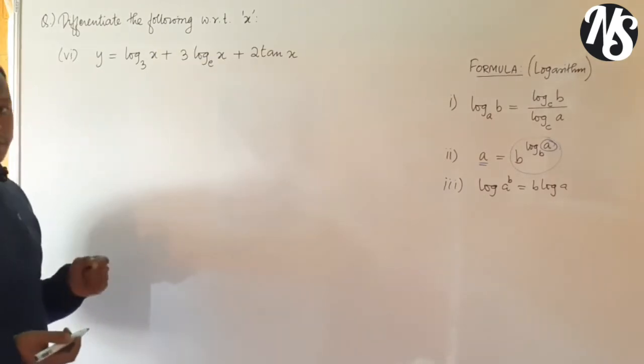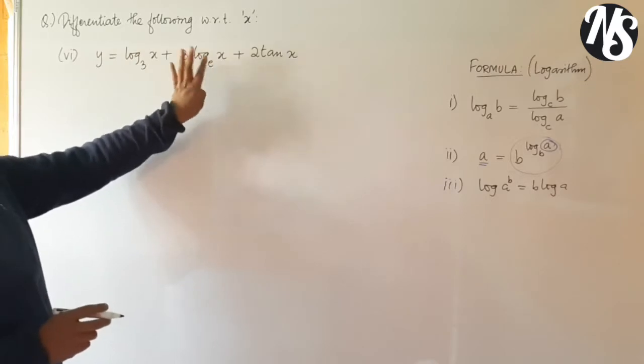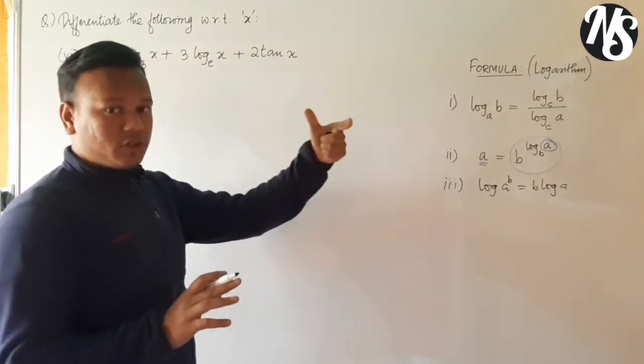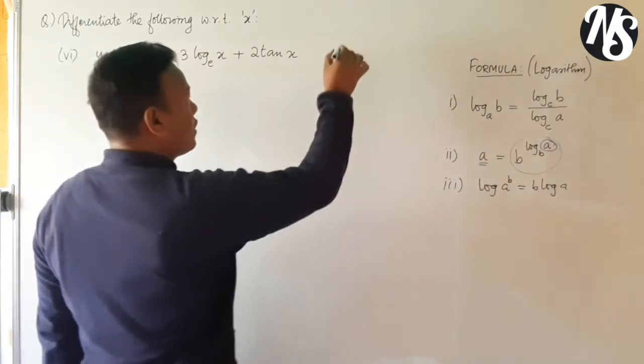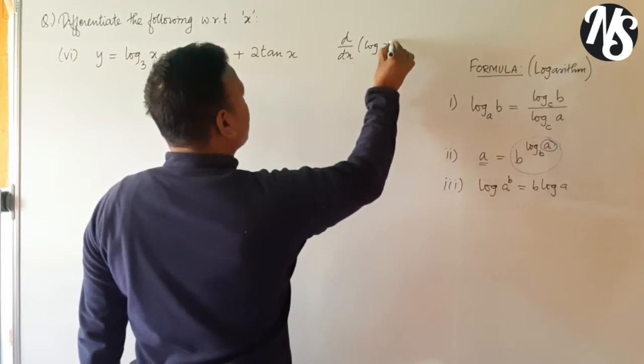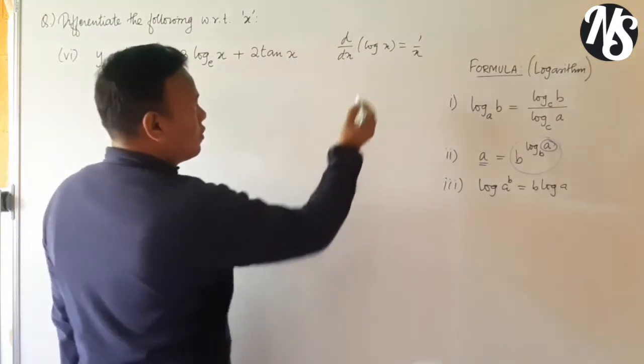Now let's have this problem. Again, you see that there is a logarithm out here, so you have to go for logarithmic differentiation. Differentiation of a logarithmic function: you know that the formula is d by dx of log x is equal to 1 by x. Now what is the base here?